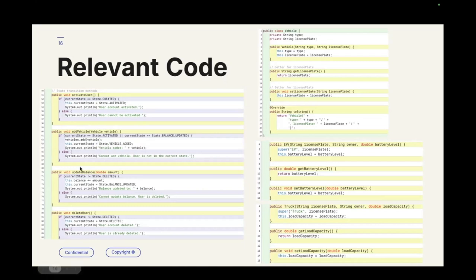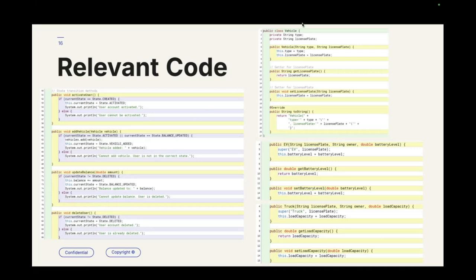Then there's the update balance state, which is to ask for the balance of the user, and then the delete user state, which is to make sure whether the user wants to delete the account or not.